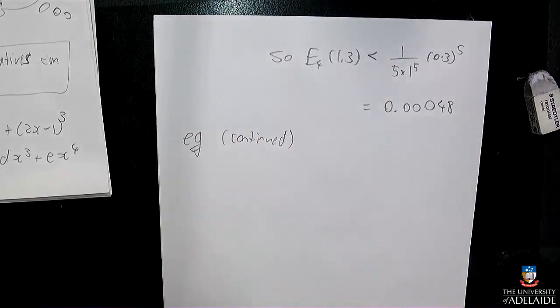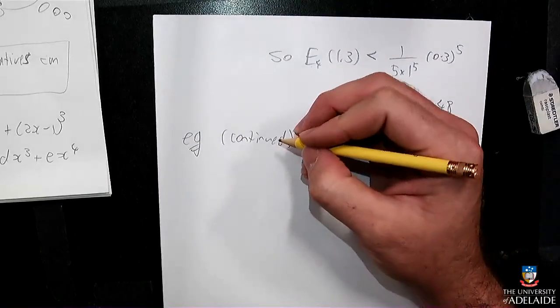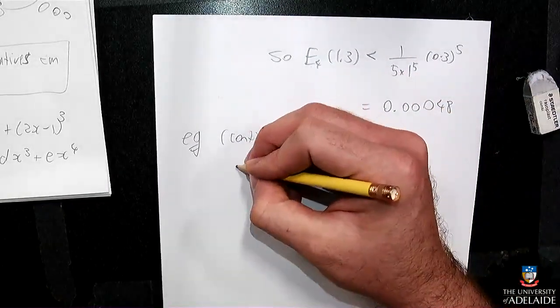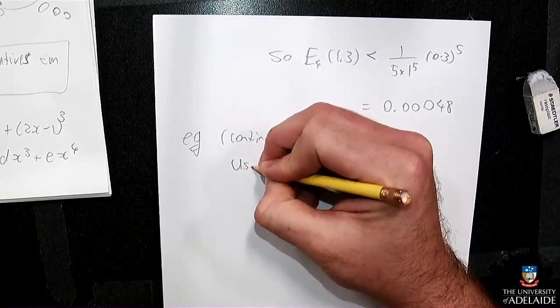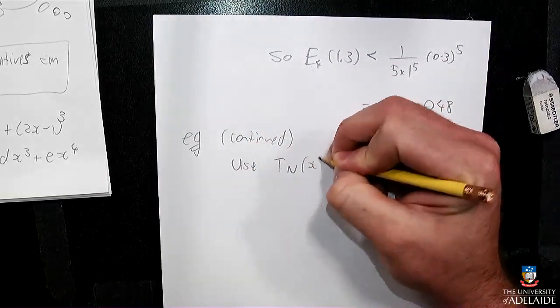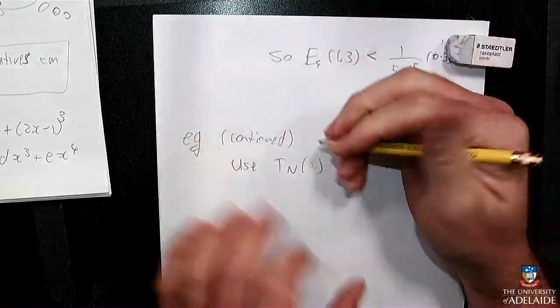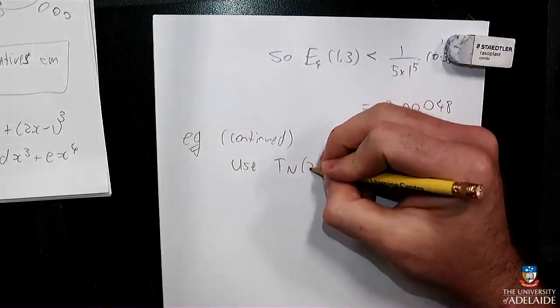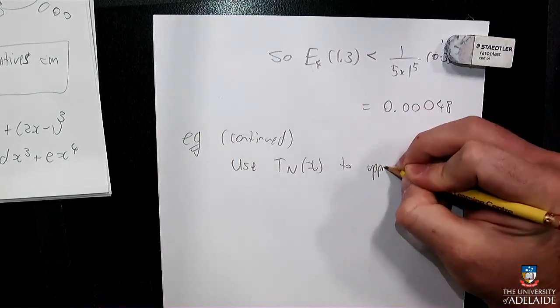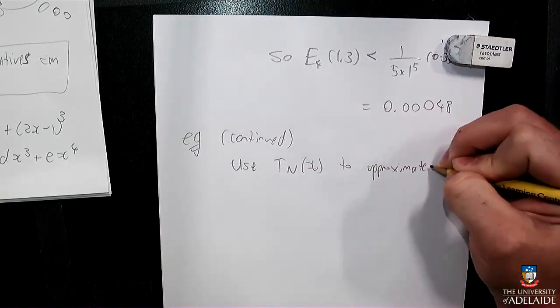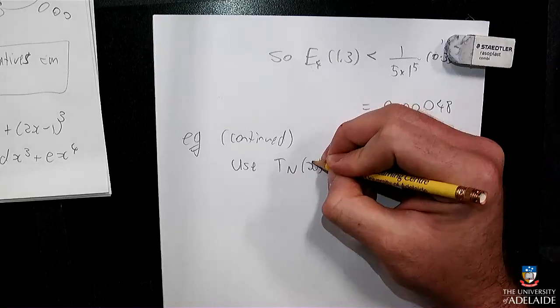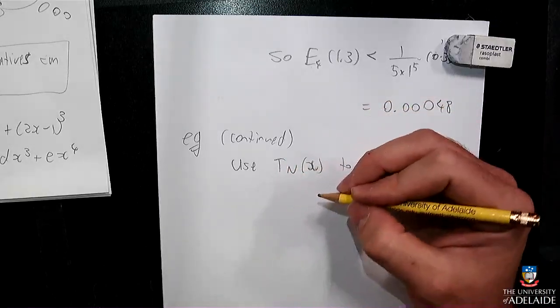Continued. Use Tn(x) to approximate, what did I say it was?